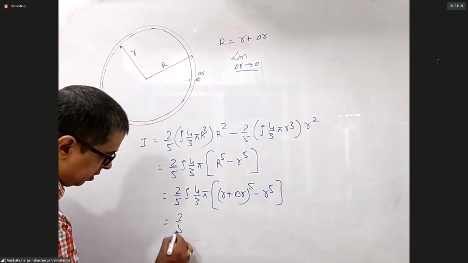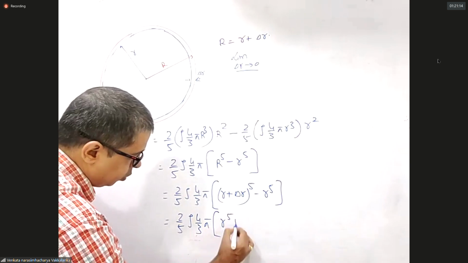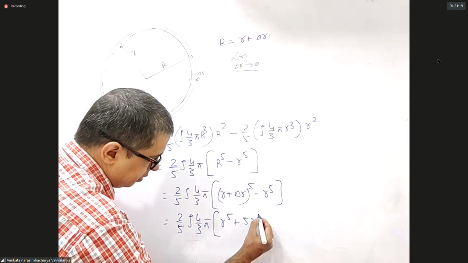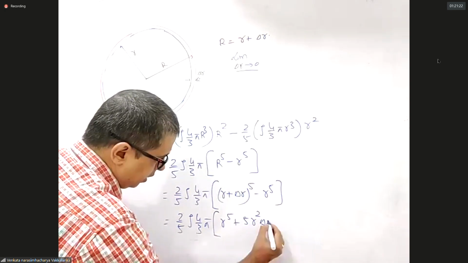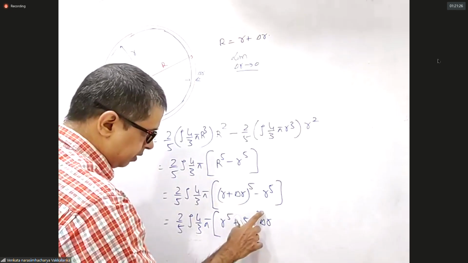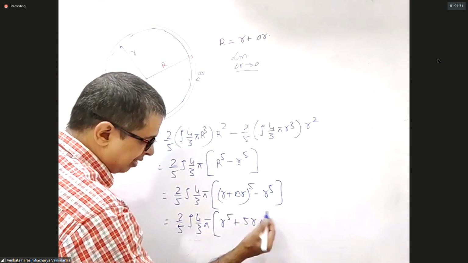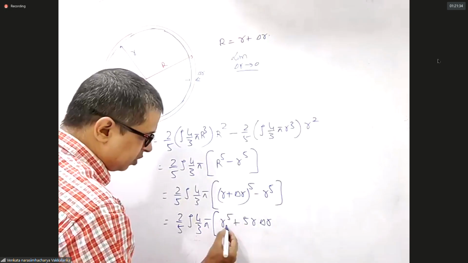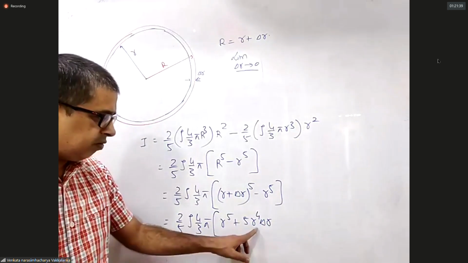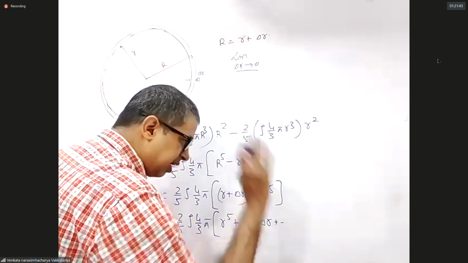Is this part of the board visible? Aren't you supposed to take r common first from that bracket? Binomial expansion of this, tell me: r to the power 5, plus 5 r to the power 4 delta r, and higher powers of delta r we neglect.